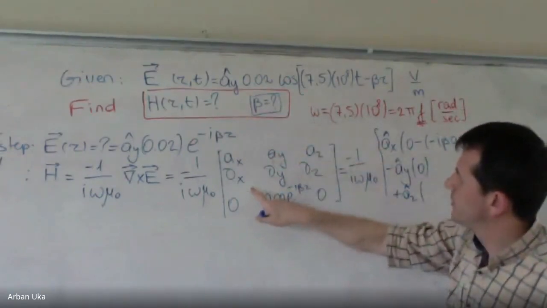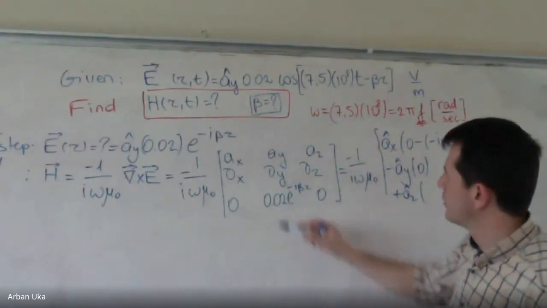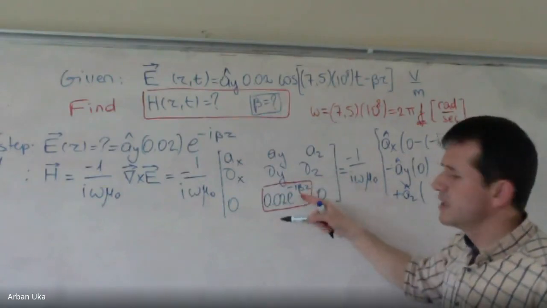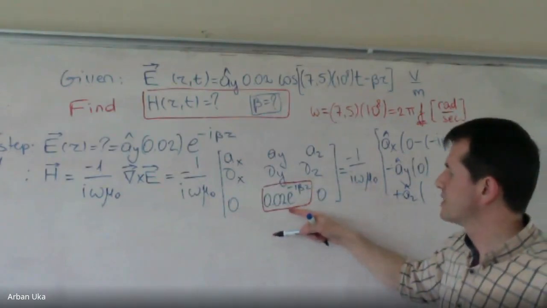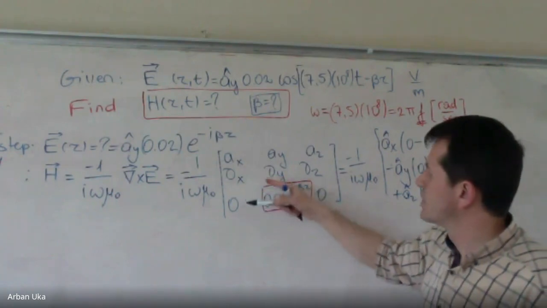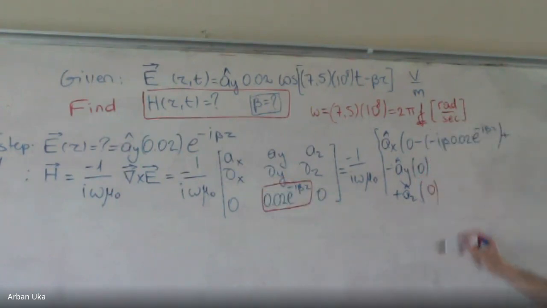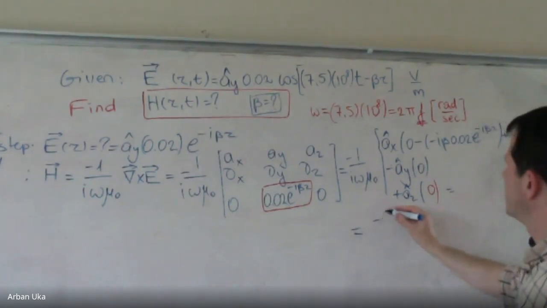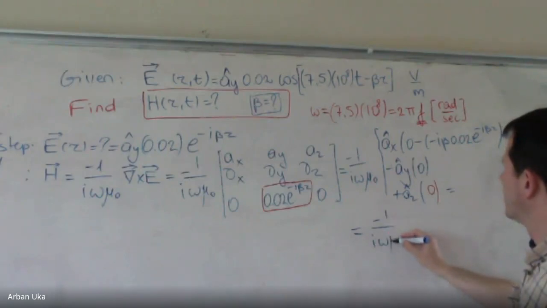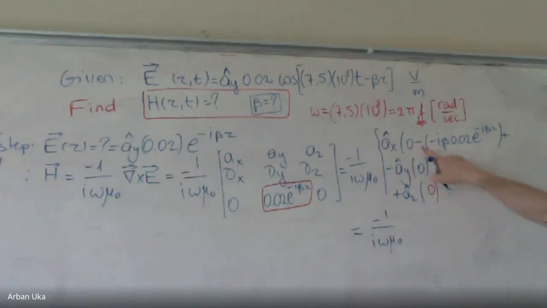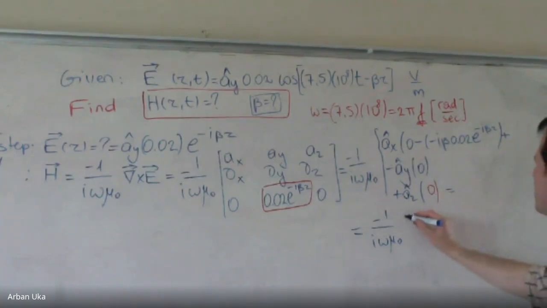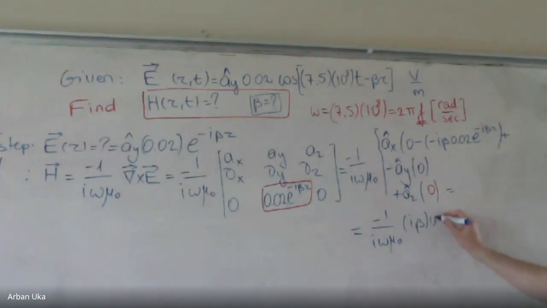We have the derivative of this term with respect to x, and we see no explicit dependence on x here, so this is 0, minus the derivative of 0 with respect to y, so this is also 0. So then this whole expression is equal to minus 1 over j omega mu times, minus minus gives plus, j beta 0.02, the amplitude of the electric field, e to the power minus j beta z.